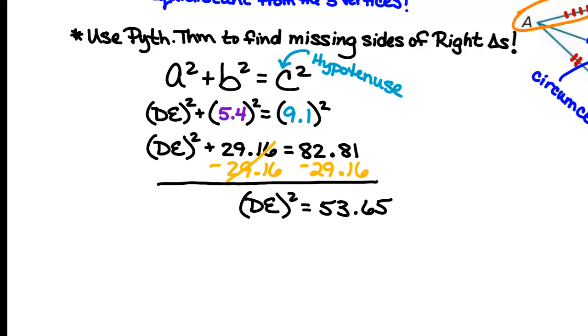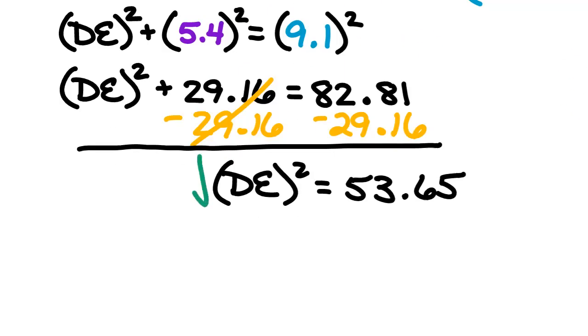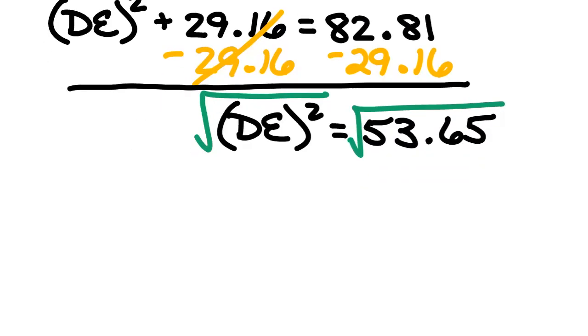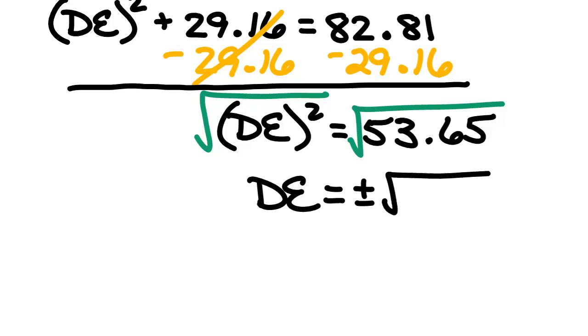Is that my answer? No. What do I have to do to it? Square root it. And when we square root things, we get how many answers? 2. We get one that's positive and one that's negative. So plus or minus the square root of 53.65.